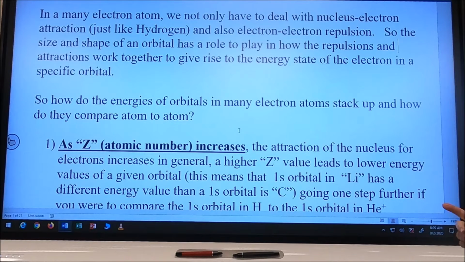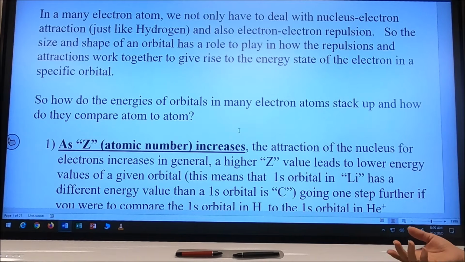One of the first things that controls the energy level for an electron in the atom is the atomic number. The atomic number Z tells us the number of protons in the nucleus. And in general, the higher the Z atomic number, the lower the energy of an orbital, any orbital.